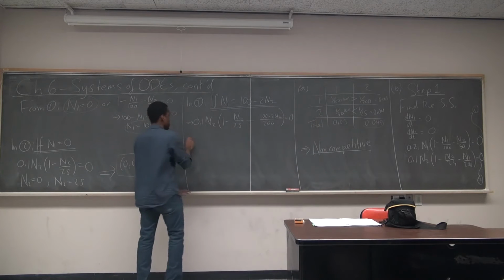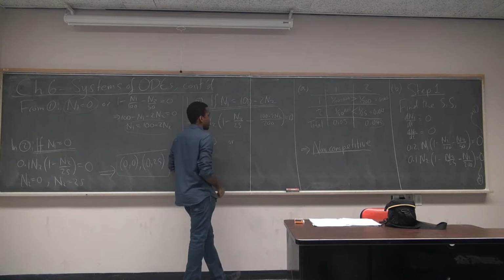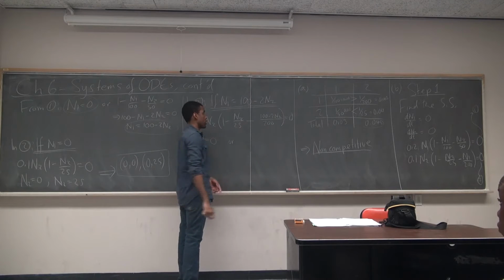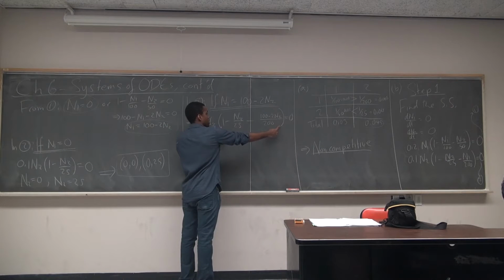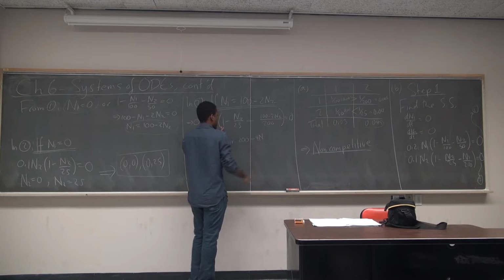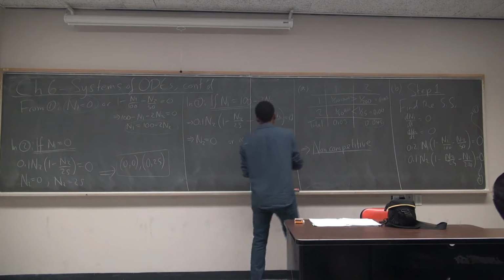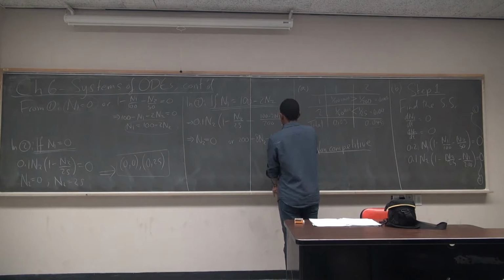So now I have two situations. Either my n2 is 0 or this equals 0. I can multiply both sides here by 200, so I would have 200 minus, 25 goes into 200 8 times, 8 n2 minus 100 plus 2 n2.